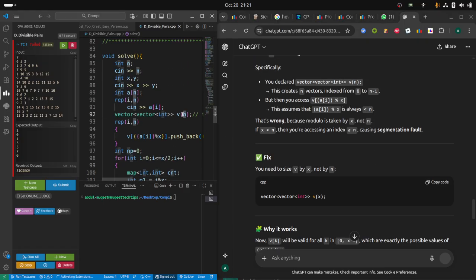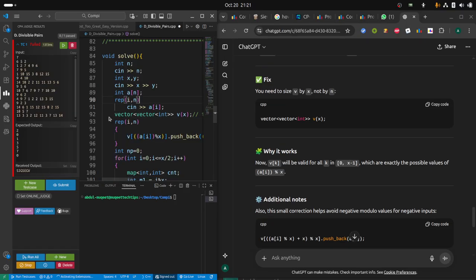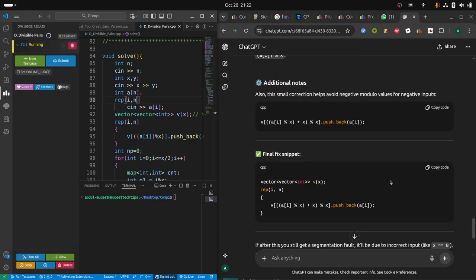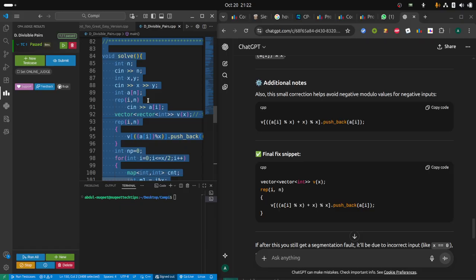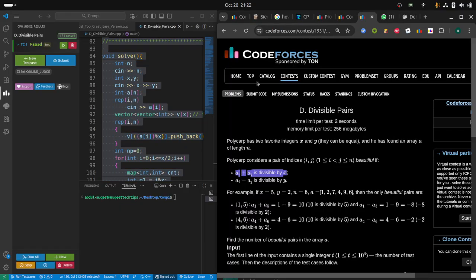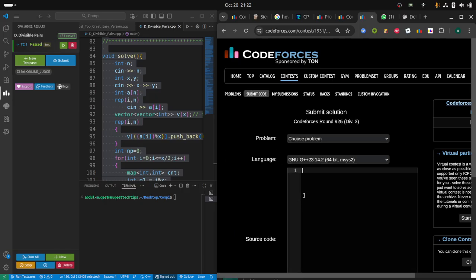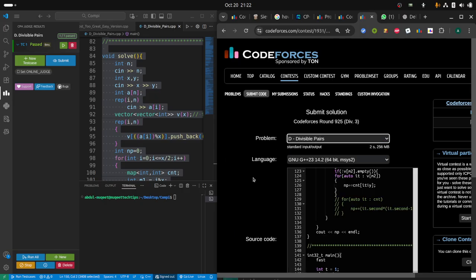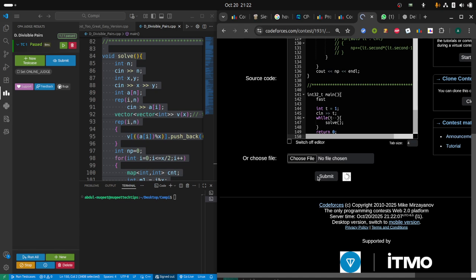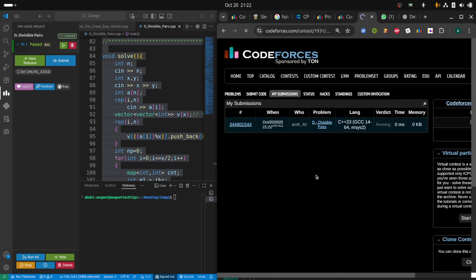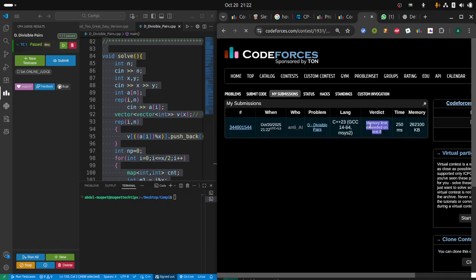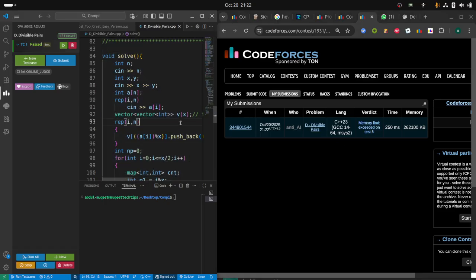Okay. Memory limit exceeded on test 8. Time limit.